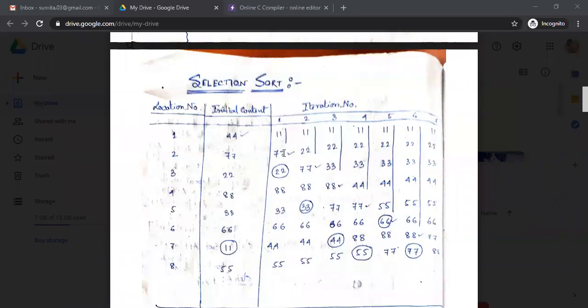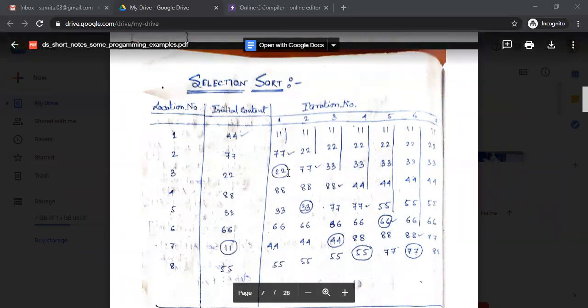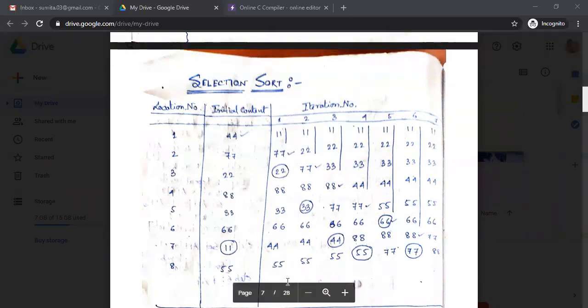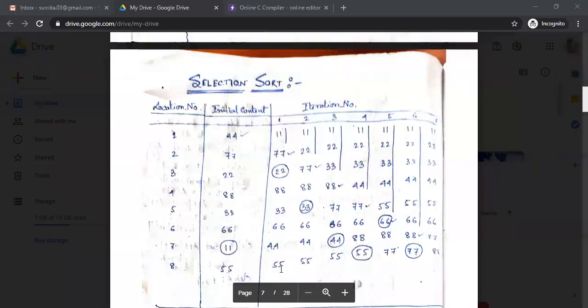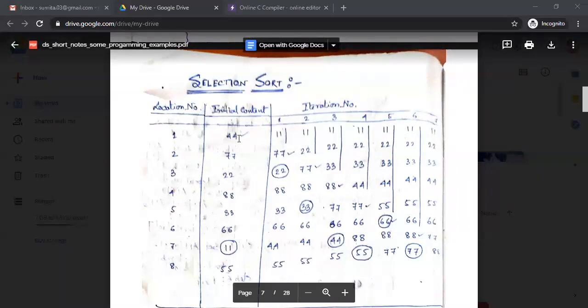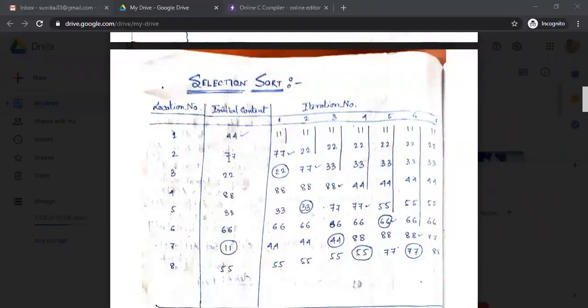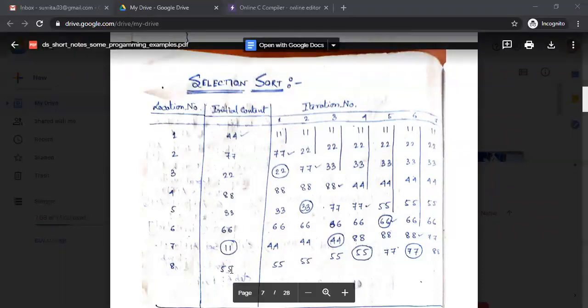Now I am in the outer loop number 2. In iteration 2, I am at the ARR1 position. Again, we have to find the smallest one, among 22 to 55. When we took the first value in the first iteration, we took the values from 77 to 55.